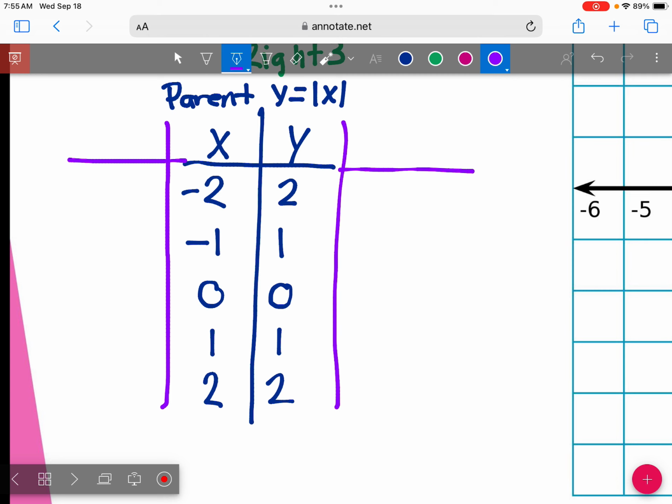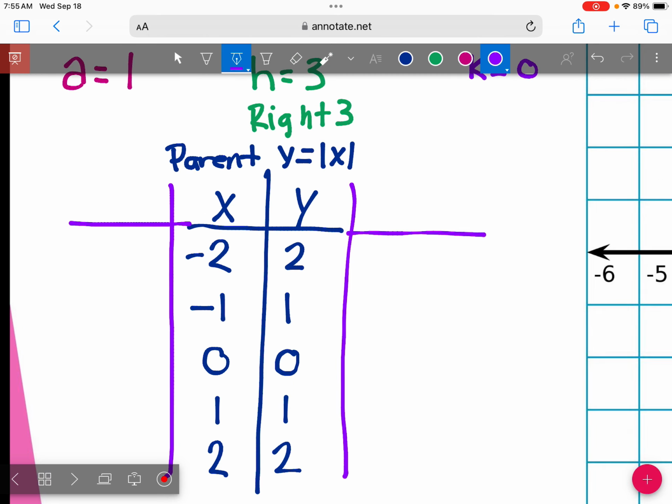So I'm making my table wider because I'm going to take my x values and add my h value to it.